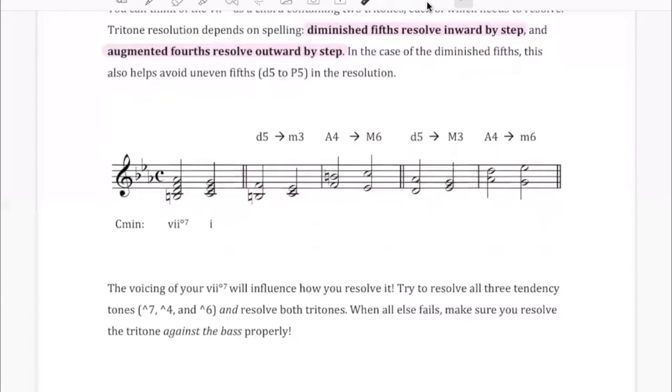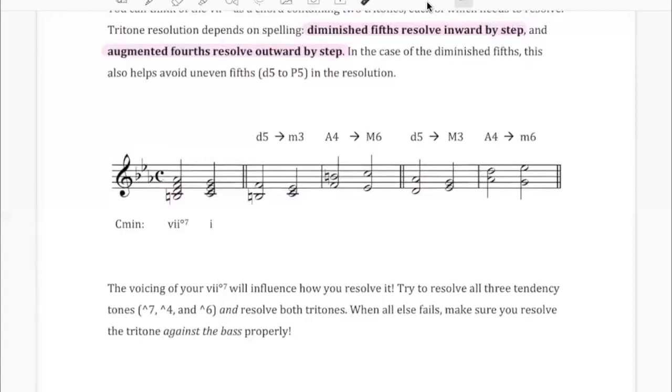If you can, also try and resolve both tritones in that kind of contrary motion. Now, sometimes because of voicing issues, depending on how the chord is spelled, you might find yourself a little bit in a pinch. That's where that duality of scale degree 2 comes in. Scale degree 2 can resolve either up or down, and you have to make that choice depending on how the rest of your chord is voiced.